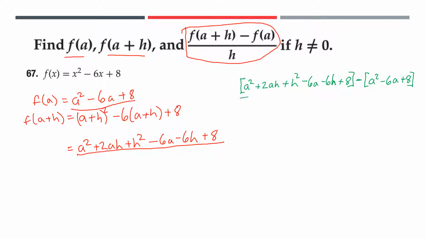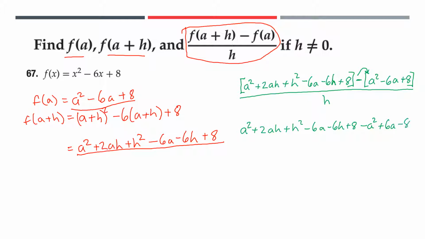And all of this will be divided by h. So as I look at this, this negative sign is going to go to each one of these. So I'm going to rewrite this with a negative sign. A squared plus 2ah plus h squared minus 6a minus 6h plus 8. Distribute the negative, minus a squared plus 6a minus 8. All divided by h. It looks like a mess, doesn't it?